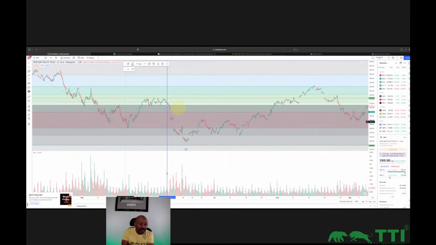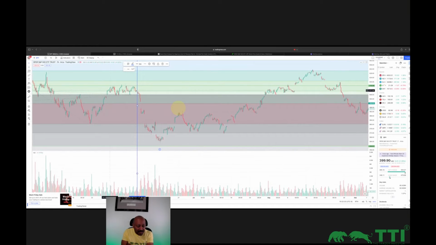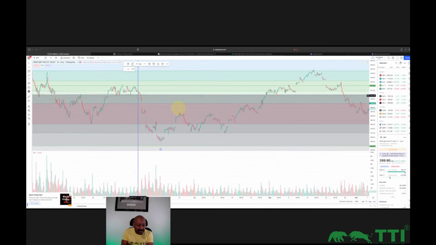So if you draw a support line right before that entry, right there, but we're not seeing it to the right. You don't see it to the right, right? You have to draw it to the left.